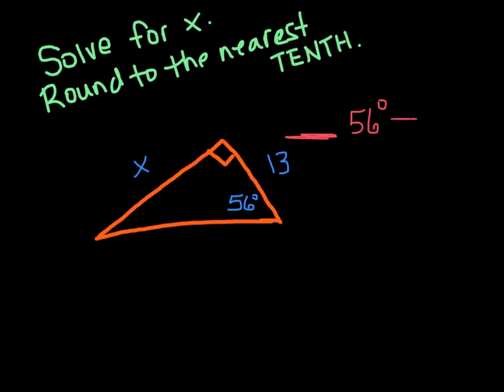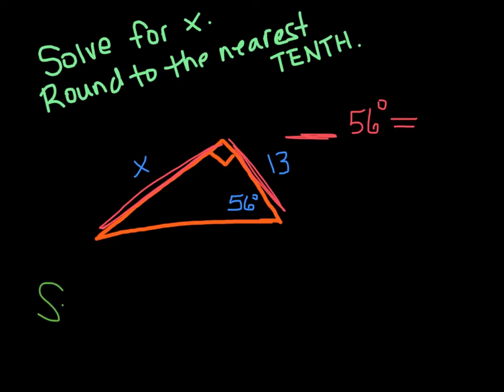Then we pick the two sides. We're going to use the x, because that's what we're looking for, and the 13, because that's the one we know. According to the 56-degree angle, the x is opposite, and the 13 is adjacent. We're not using the hypotenuse.